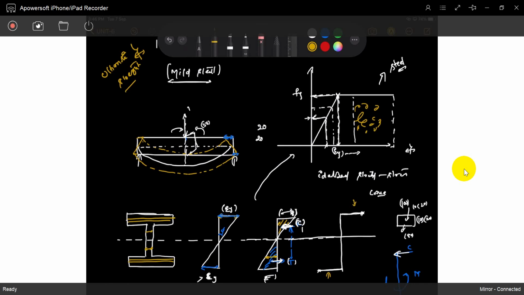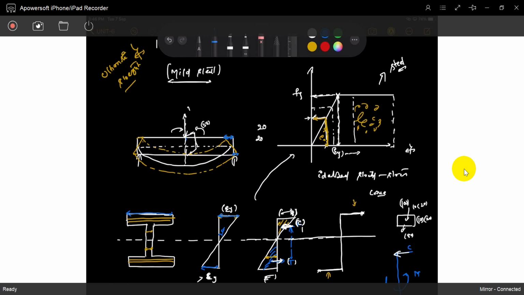But inside of those layers, presently they didn't reach that limit. It has a capacity. Remaining fibers are somewhere here, not reaching yield capacity. Only the edge fiber reaches the yielding capacity.